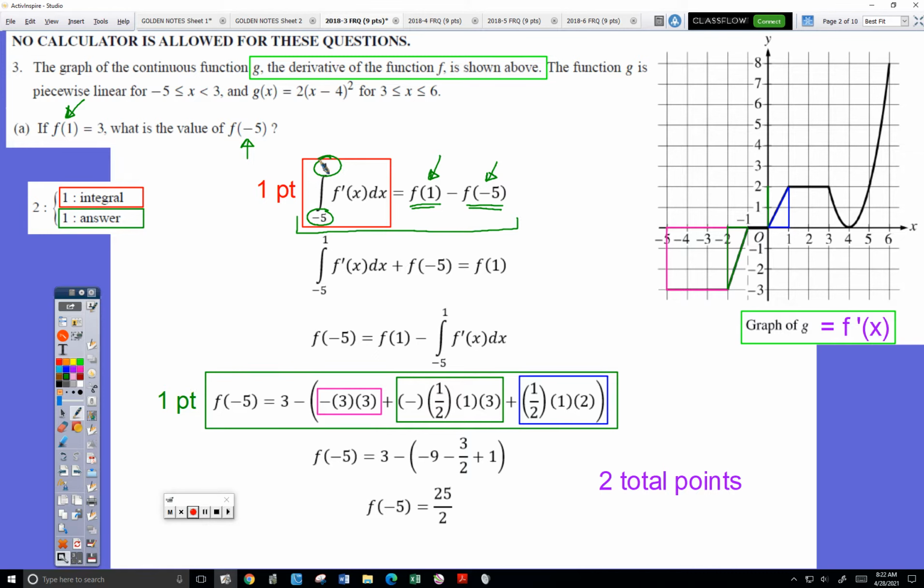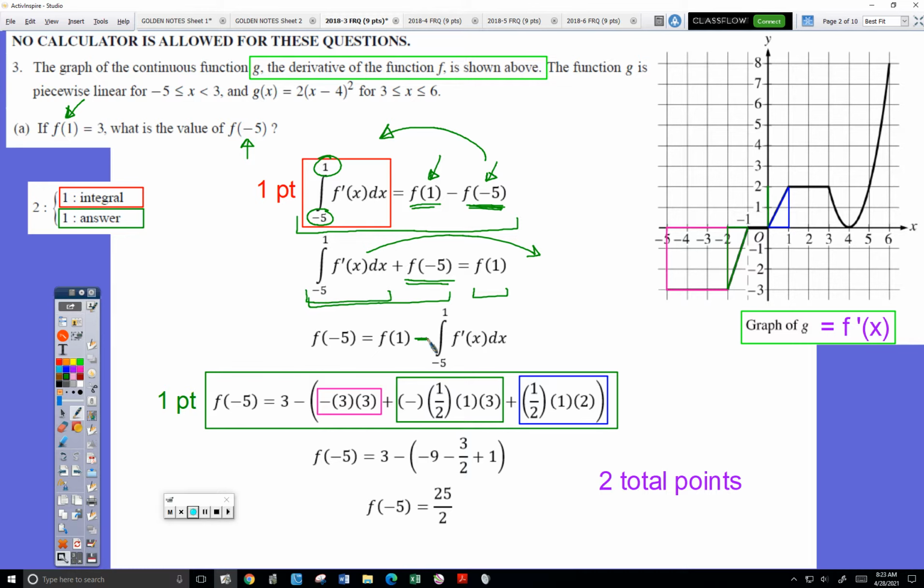I'm trying to find f of negative 5, so I do some rearranging. I move the f of negative 5 to the left side of the equation. That isolates f of 1. So now I've got f of negative 5 where I need it, which is on the left. Now I have to move the integral to this side, which, because the integral was positive, now becomes negative here.